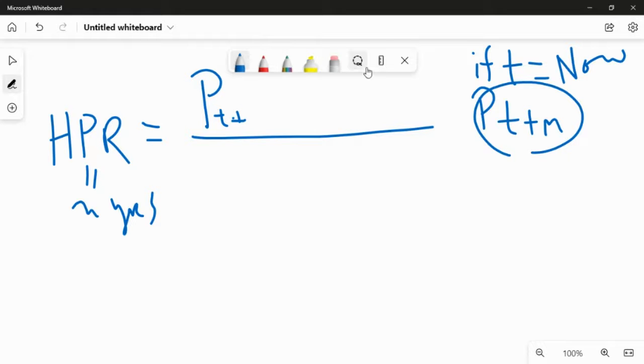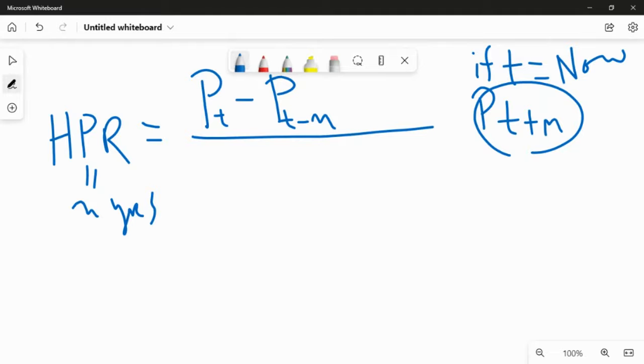So in reality, the better way of writing this is the latest price, the most recent price, that's P(t). And then if your holding period started n years ago, P(t minus n), right?